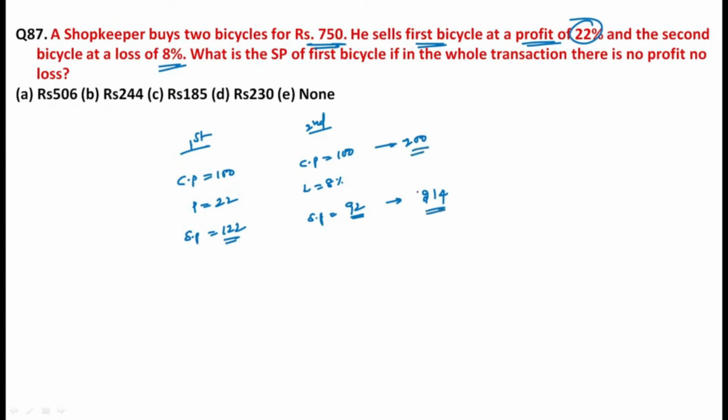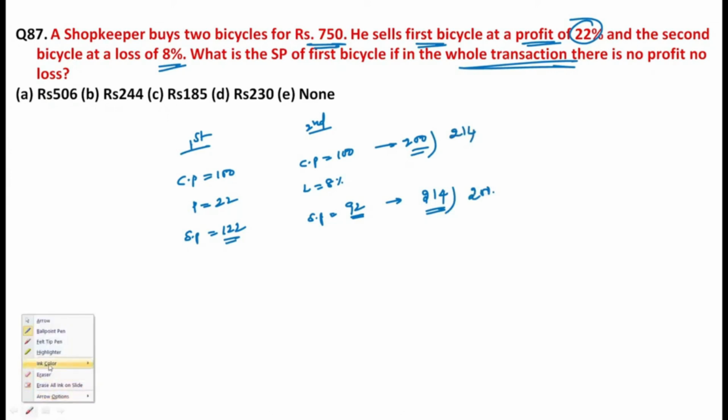Definitely they can get a profit, but there is clear information: there is no profit, no loss. That means you should multiply the entire number with 214, and you should multiply the other entire number with 200. Now you can get that answer. Now, what is the question? The shopkeeper buys two bicycles for 750.